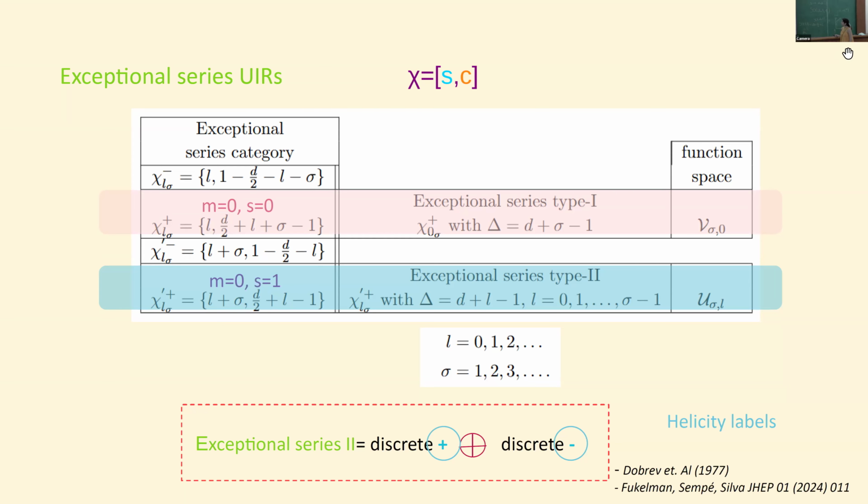So what happens is you can put M equals 0, S equals 0 here only. This starts at non-zero S. So that's why you could not have the exceptional series type 2 from the massless scalars.